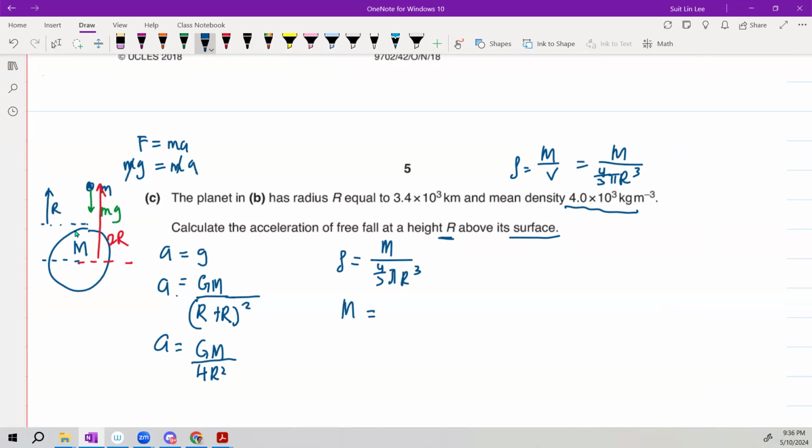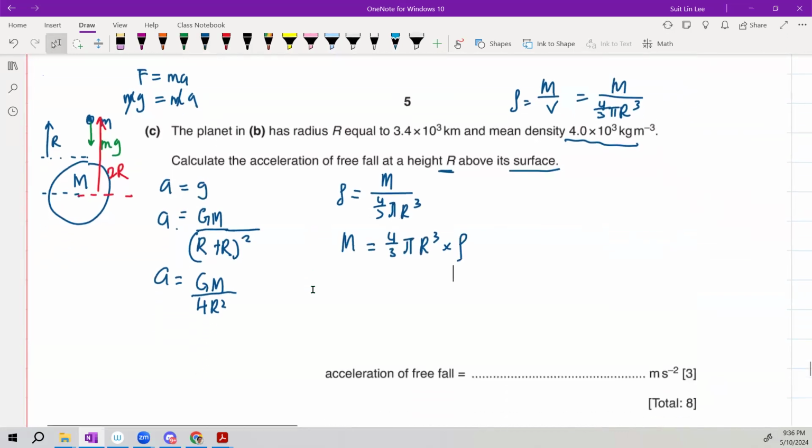So I can substitute mass: it'll be 4/3 pi R cubed times density. In this equation, a is G times 4/3 pi R cubed times density, divided by 4R squared.